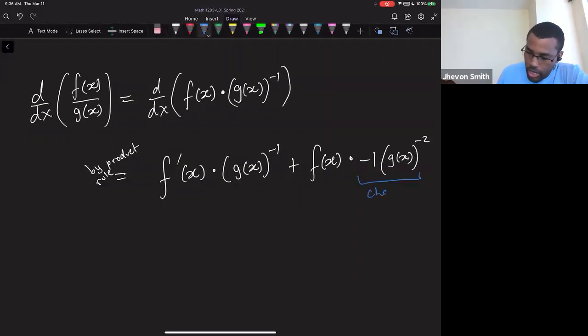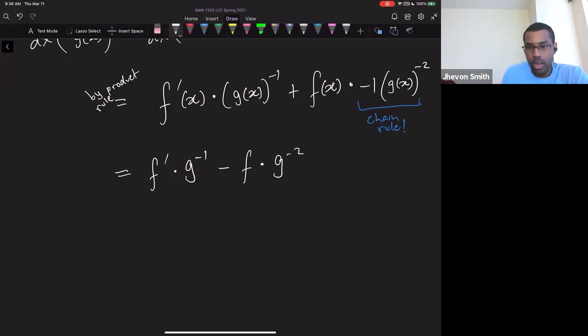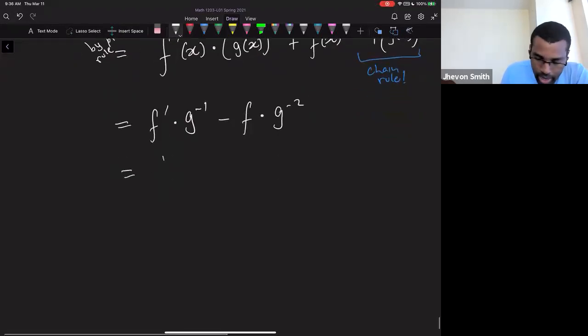What I applied here was the chain rule. And so what we have then is f prime times g to the -1 minus f times g to the -2 times g prime. This is the same as f prime over g minus f over g squared.